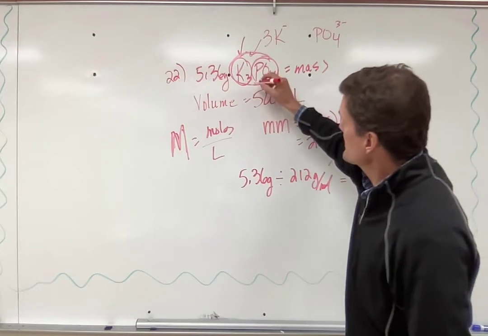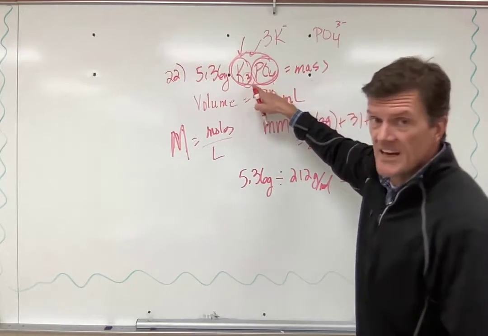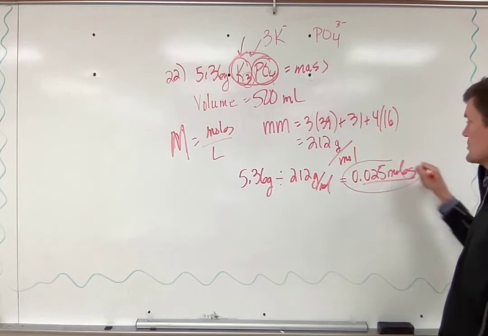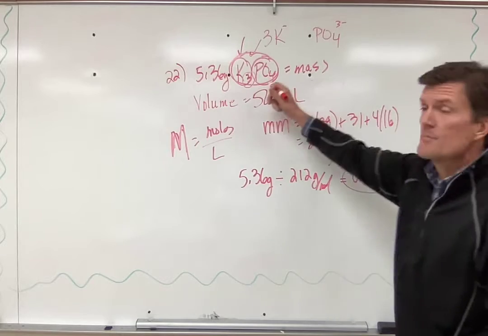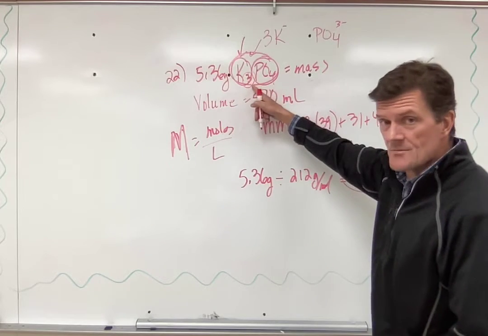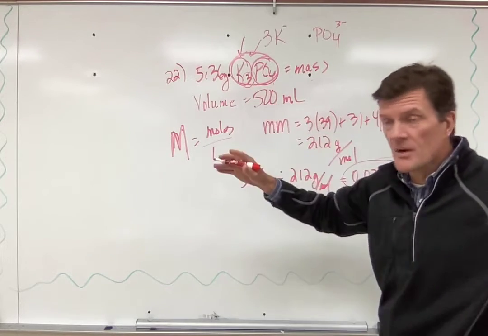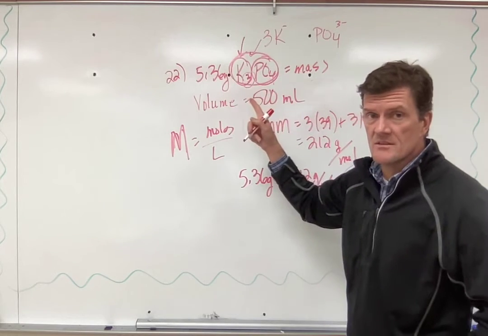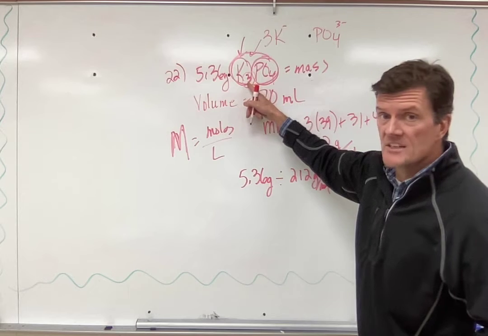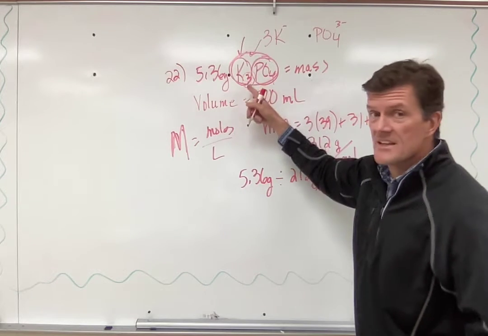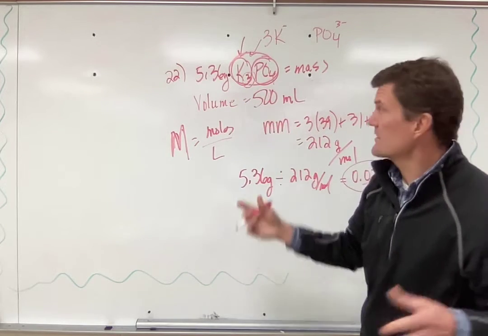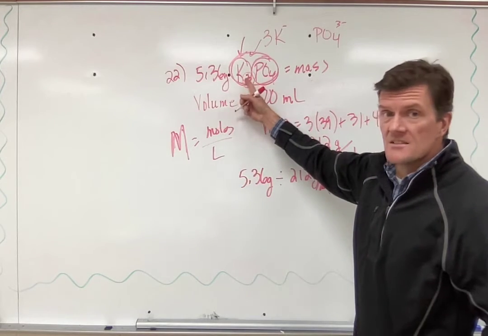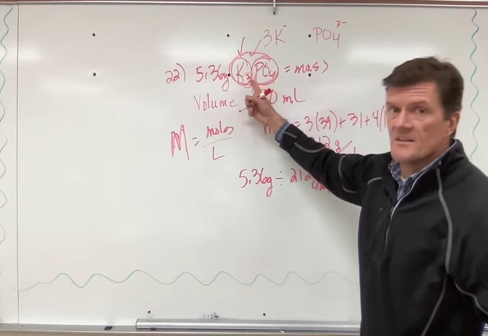But the important part here is that you've got 3 Ks inside of there. So when you have 0.025 moles of this compound, you're going to have 3 times that of the K. When it breaks apart, you're going to have 3 Ks for every 1 compound.